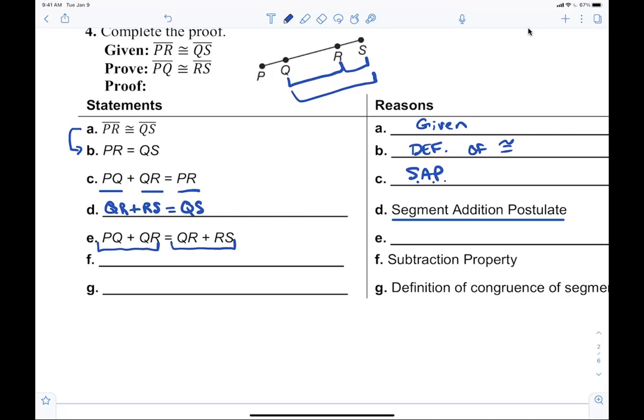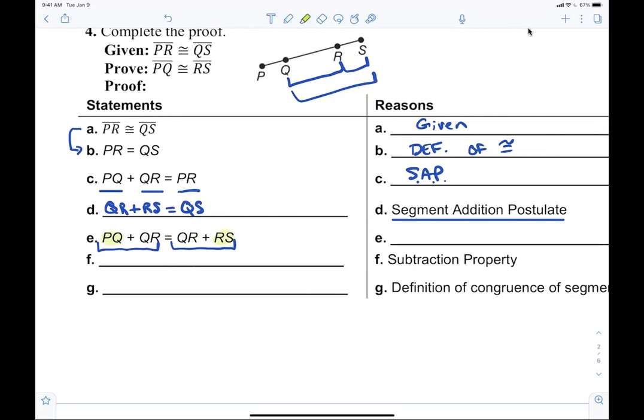Do we have that anywhere? You see what I'm saying? I like what you were saying. QR is being added, right? So again, here's where I'm trying to help everybody who's having a little bit of trouble. Michaela, if there was PQ is equal to RS, I would say you are correct. But does it say that anywhere?